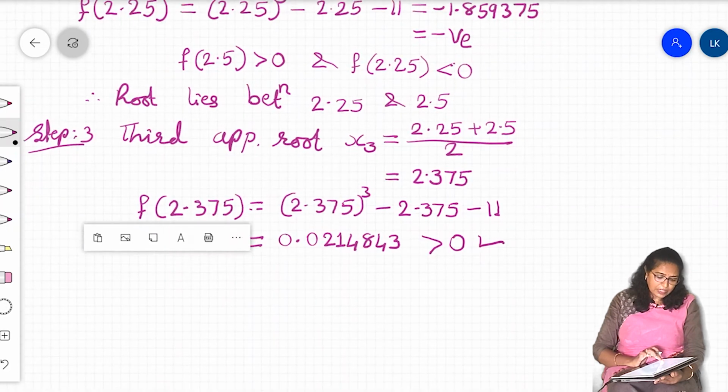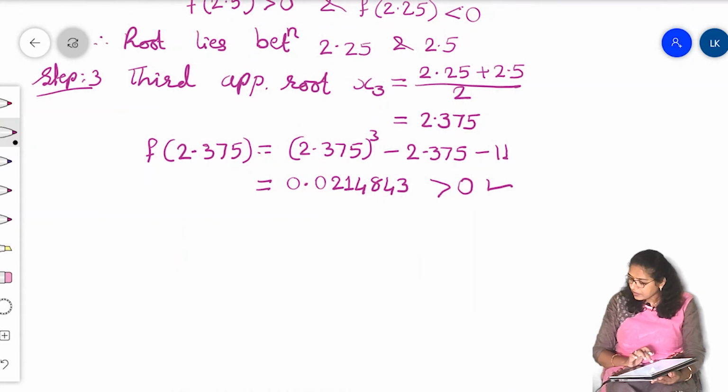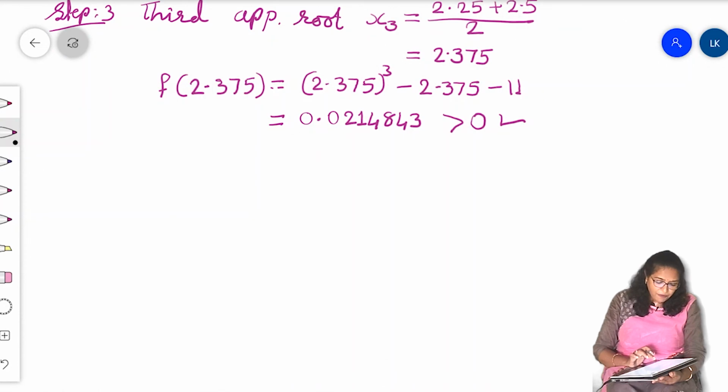So previously, the negative number is f of 2.25. Correct?